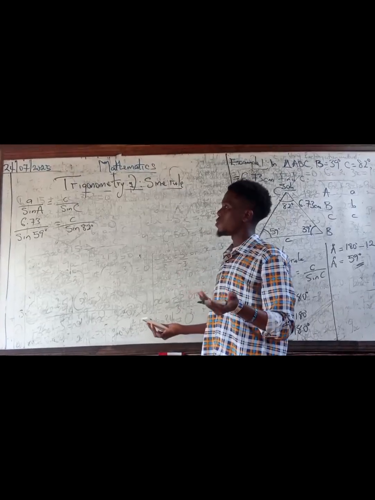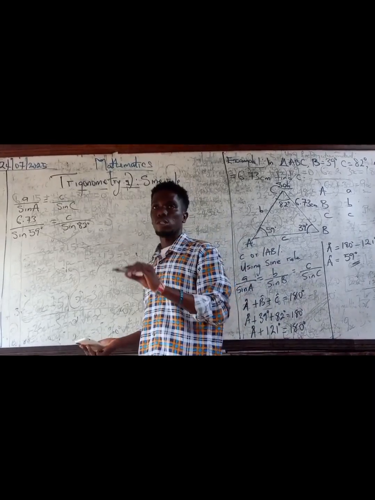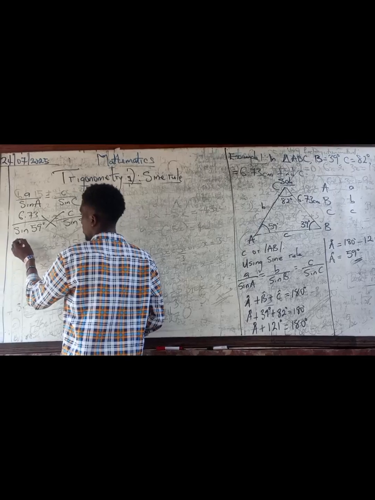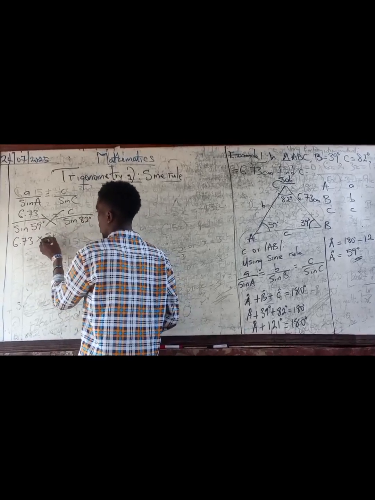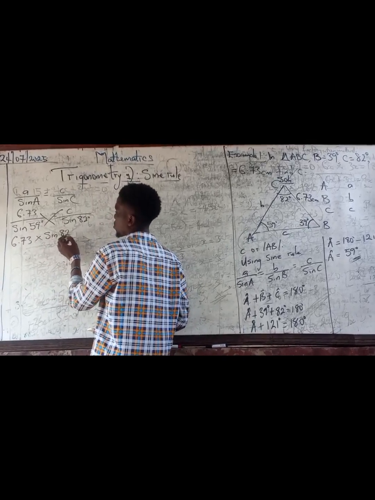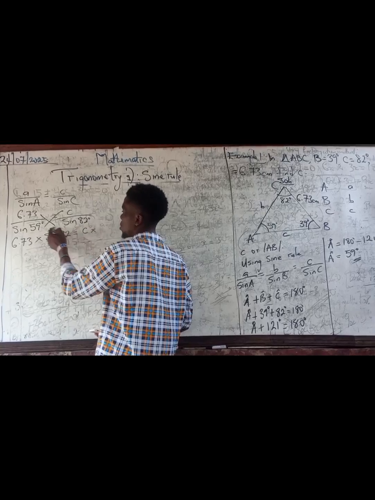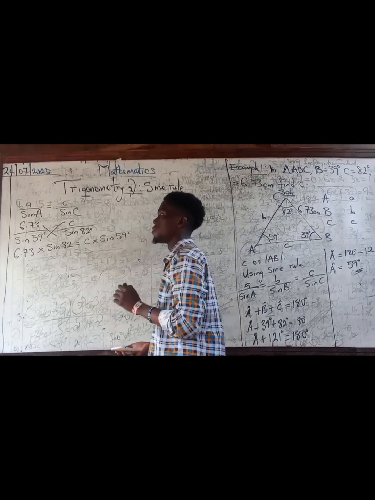Since you have two fractions equating to each other and you're looking for an unknown, you simply cross multiply. So when we cross multiply, we have 6.73 multiplied by sine 82 is equal to C multiplied by sine 59 degrees.